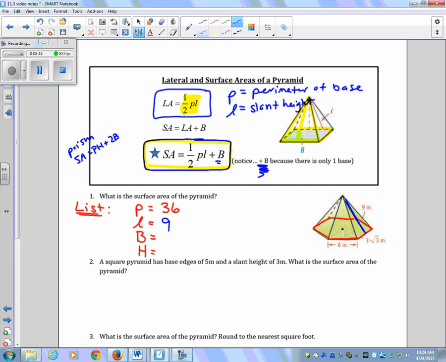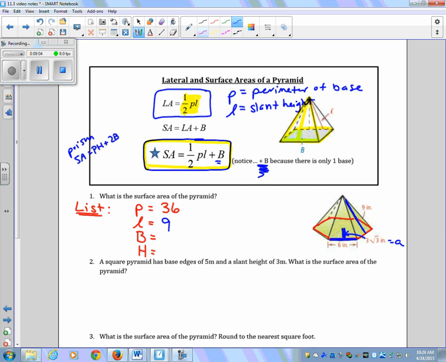Area of the base. Well, they were nice and they gave us the apothem. They didn't need to give us the apothem, did they? Because we know it's a regular hexagon. Side is 6. Therefore, the apothem is half of the side times the square root of 3. So the apothem is 3√3.